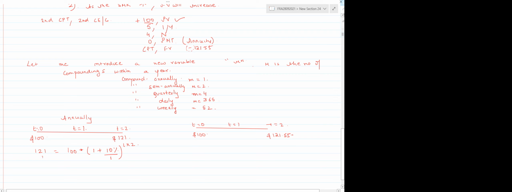Or let me give you notations for this. My FV, which is 121, equals PV into 1 plus 10%, which is my SAR. Since I am compounding annually, my M equals 1, so 1 by M into N. My N is 2. Guys, can we correlate with this formula, please?